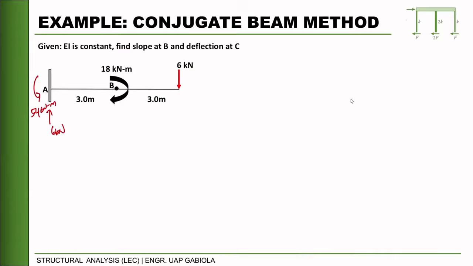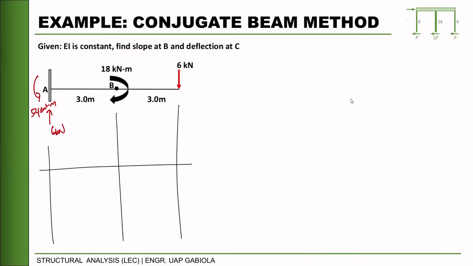Then we have our shear diagram. For the shear diagram, we have 6 here, and then 6 all throughout the length, then 6 down will yield 0. That is our shear diagram with an area.